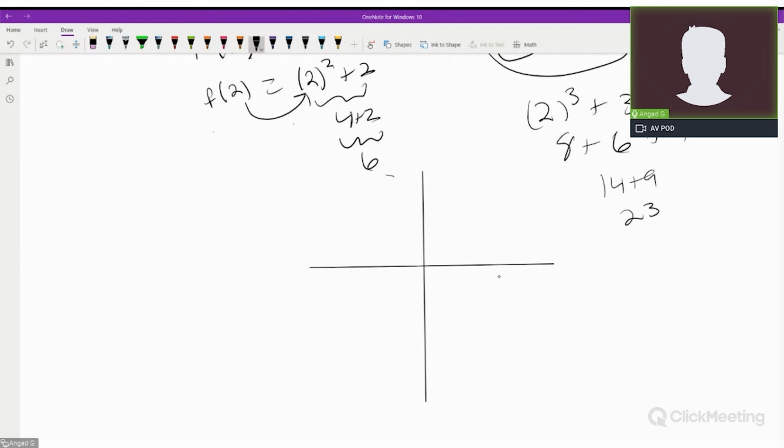Let's say this is the line f of x. We have 0, 0. We have 2, 1. And we have -2, 1. And we have this graph. One second, thinking of something.